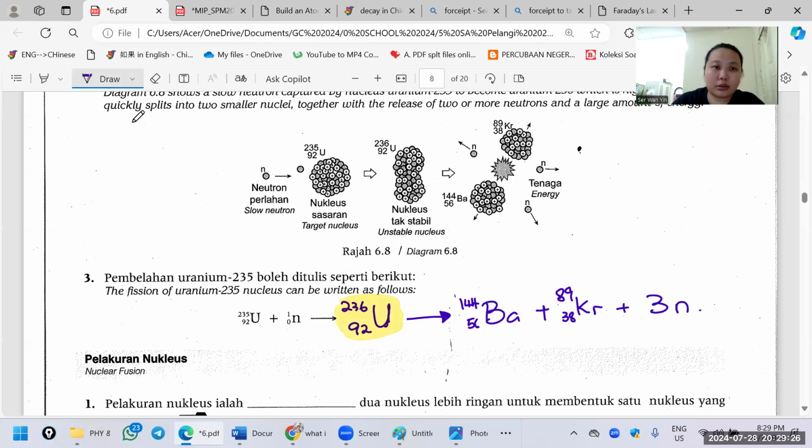Oh sorry, the neutron is 1 and 0. It means one neutron without a proton. But here we have 3. 1, 2, 3.